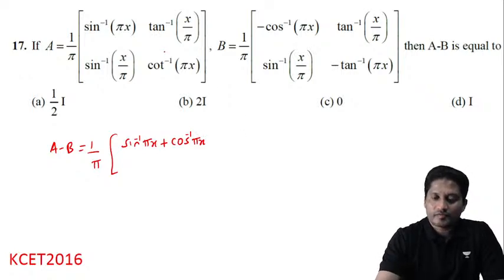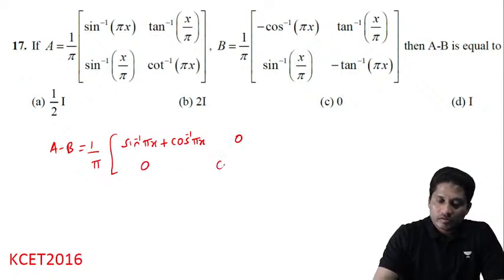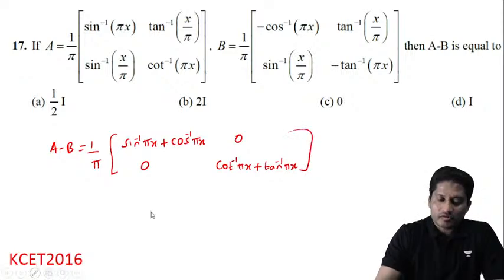Tan inverse of x by pi minus tan inverse of x by pi will be 0. Again, if you subtract, you will get cot inverse of pi x, minus and minus is plus, so this is tan inverse of pi x. Sin inverse plus cos inverse is pi by 2. Pi by 2, 0, 0 and pi by 2.